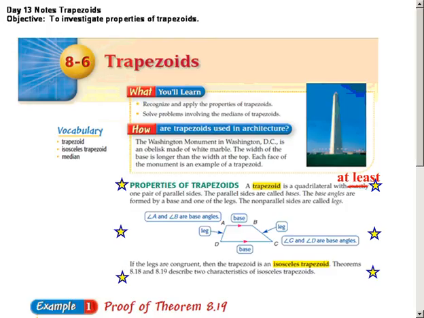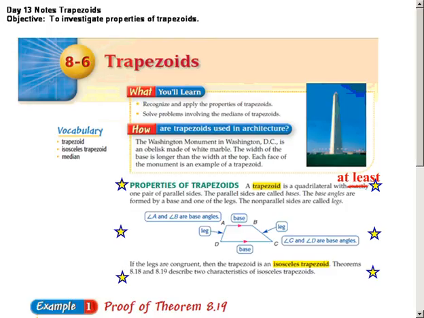The parallel sides are referred to as the base or bases. And then we have what's called our base angles. We have two pairs of base angles. Typically they're called lower base angles and upper base angles. In our diagram for our trapezoid ABCD, angles A and B would represent the upper base angles, and our angles D and C would be our lower base angles.